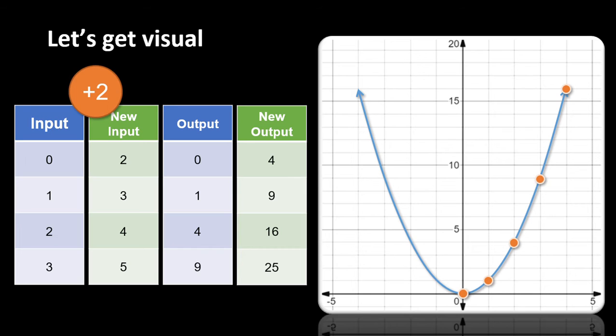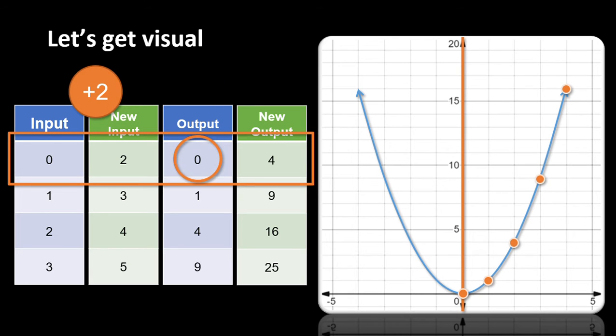Now let's start by trying the same method that we tried before. Take one row, just focus on it, and then focus on where the input started out. It started out at 0. When my input was 0, my output started out at 0, and then it changed to 4. We can see that on the graph. That point moves up by 4 units. Okay, great. That is what happened.